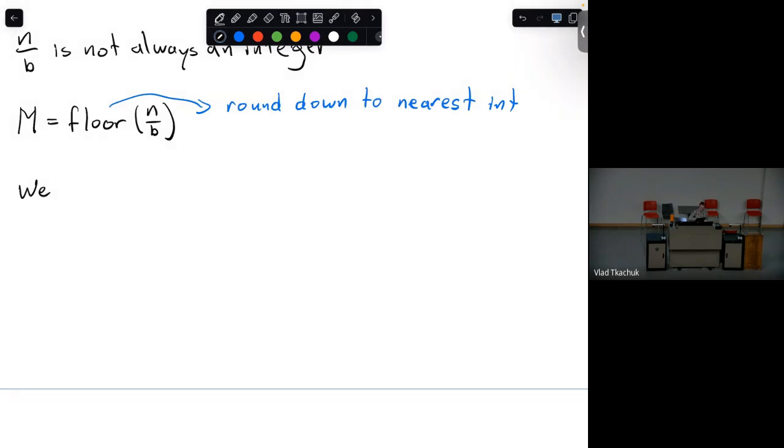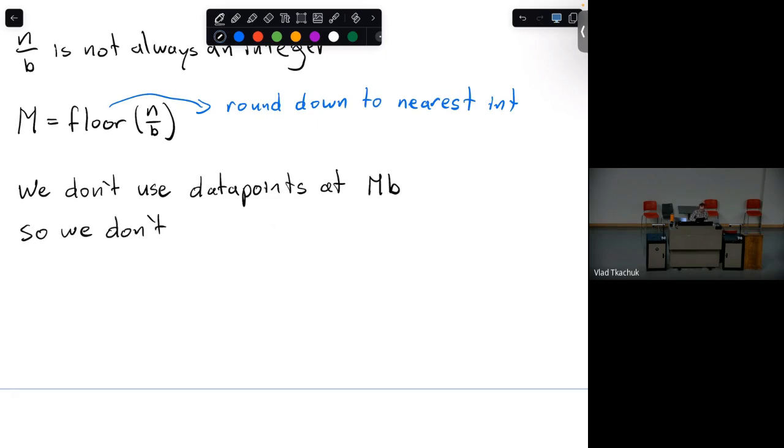So we don't use data points after mb. Basically, we don't use n minus m times b data points.